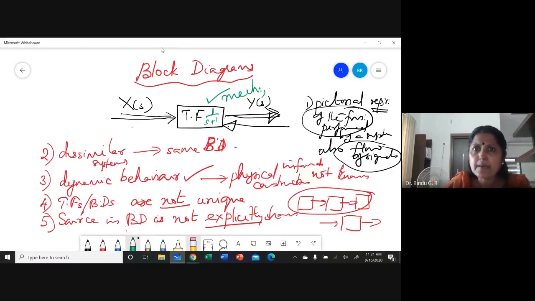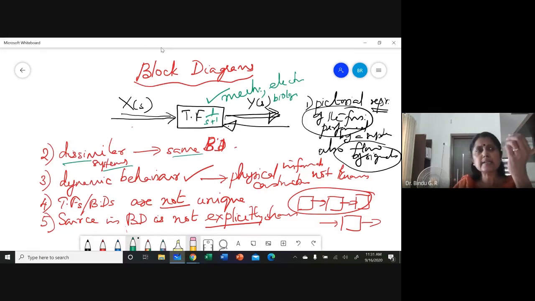Or it can even be an electrical system or a biological system. Even if it is an electrical system, it can be the block diagram of an induction motor, or maybe of an amplifier, but they may have the same kind of block diagrams.